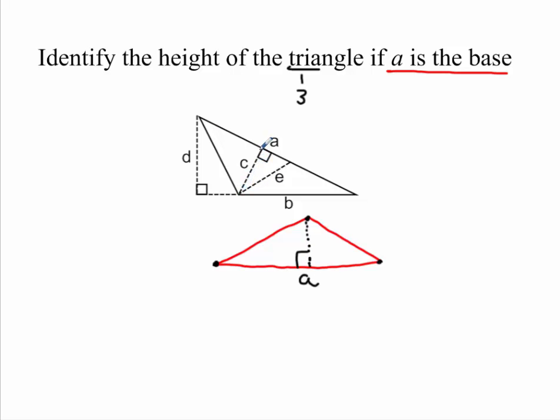The dashed line here is C, and this one is E. But E does not form a 90-degree angle with side A. I can see that segment C forms a 90-degree angle with side A, and it also connects to the vertex, therefore I know that the height of this triangle would be C. So I'll say C is the height of the triangle.